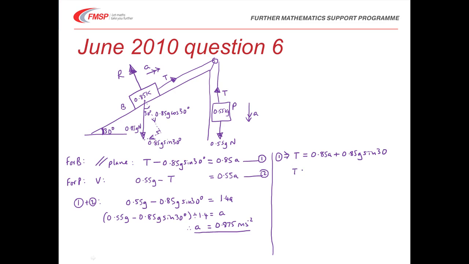Well, we know A, so this is 0.85 times the acceleration of 0.875 plus 0.85 G, so that's 9.8, times sine of 30. And from that, I get a tension which I make 4.90875, so 4.91 newtons, to 3 significant figures.